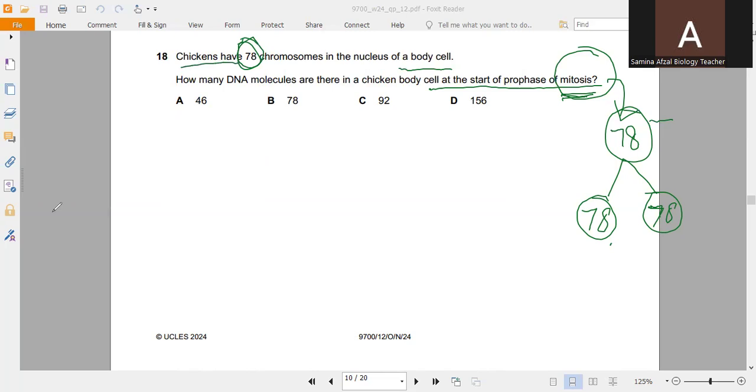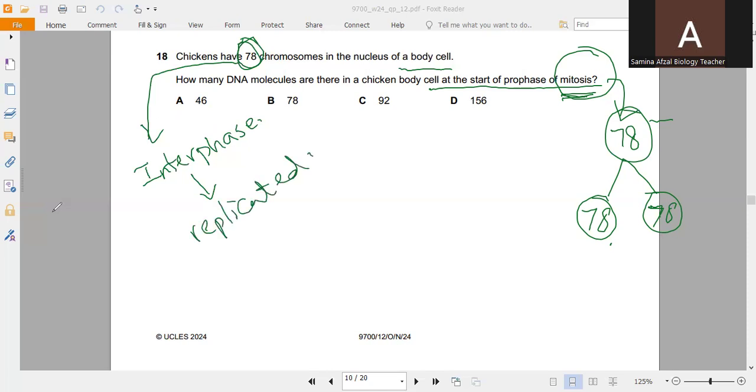Before prophase it has 78, but you know, before prophase there is interphase, during which the cell makes its preparation for division, for mitosis. During interphase the cell replicates, and the chromosome number is copied, it becomes doubled, which is 156.